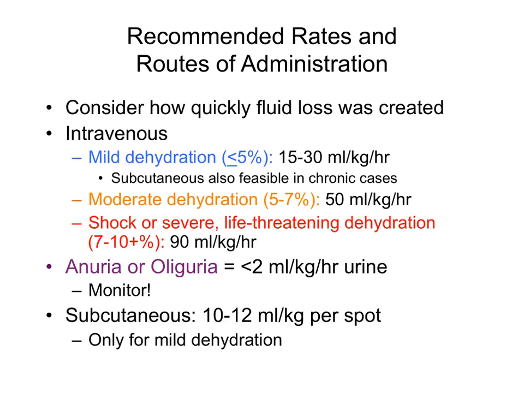So we also consider, when we're doing IV administration, the severity of dehydration when we are looking at the fluid rates we might start with. And in this case, we can go a little bit slower at mild dehydration versus moderate dehydration versus all the way up to blood volume per hour for shock or severe life-threatening dehydration.